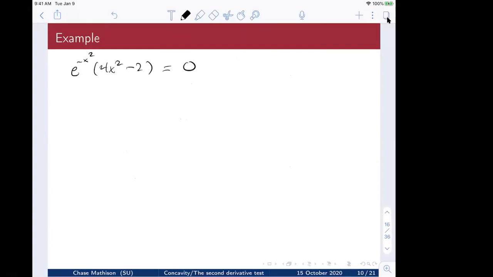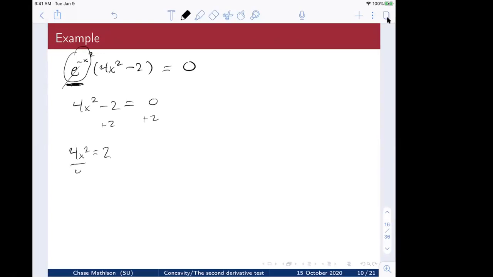Well, this is a product of stuff. Is e to the negative x squared ever equal to 0? No, this is never equal to 0. So I need to solve 4x squared minus 2 is equal to 0. Well, I can add 2 to both sides. I get 4x squared is equal to 2.